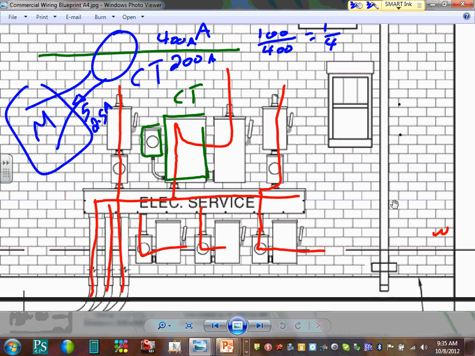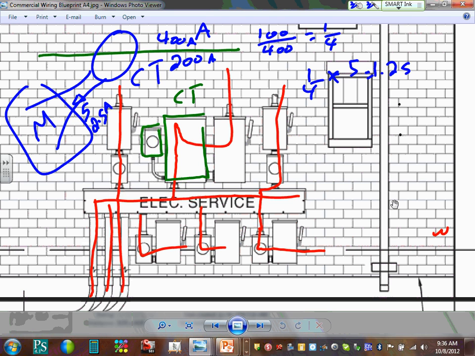So you need a fourth of 5. 5 divided by 4 is 1.25. Yeah, 1.25. Can you guys see how proportional the CT is?